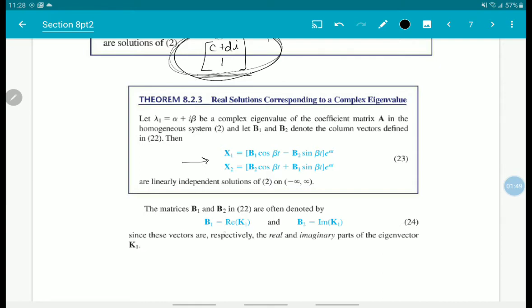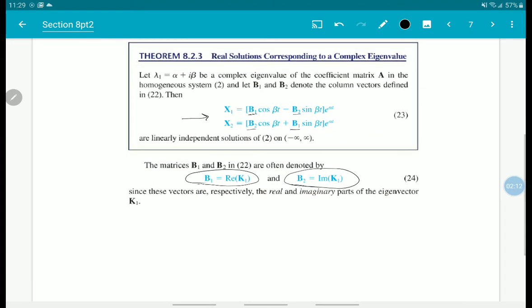The real part is called b1 and the imaginary part is called b2. And I want you to notice also that b1 and b2 kind of flip-flop positions here. That actually comes out if we were to prove this. We would see why that would happen.